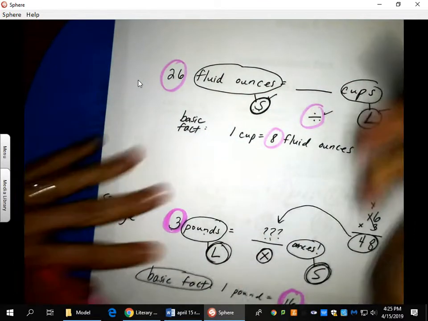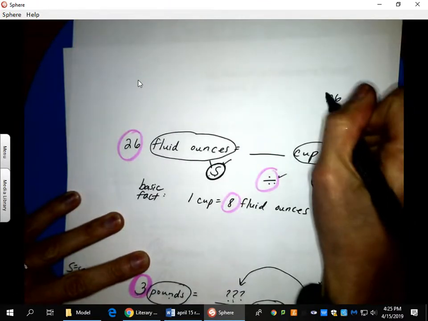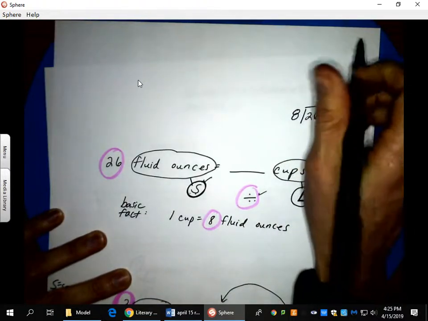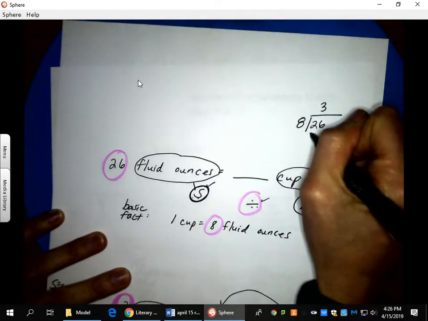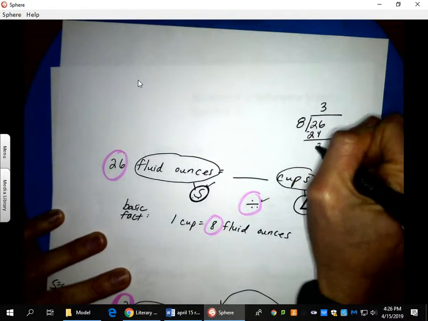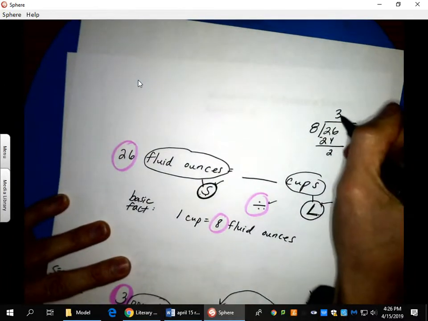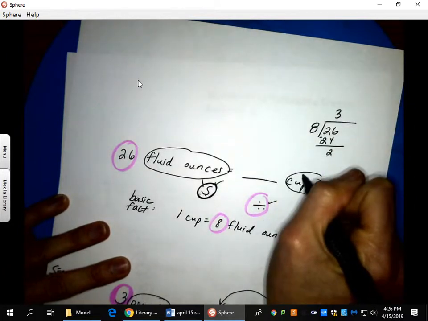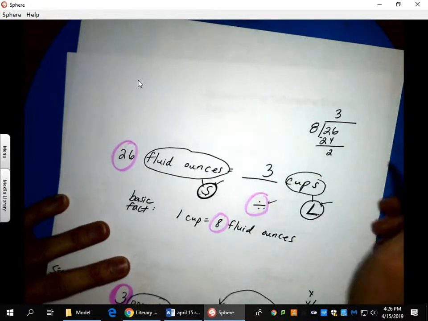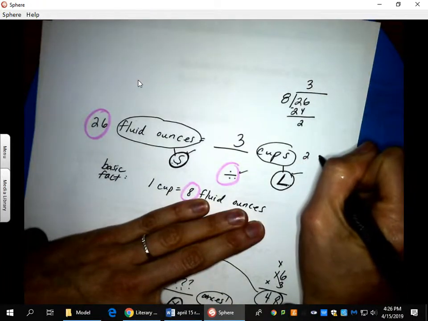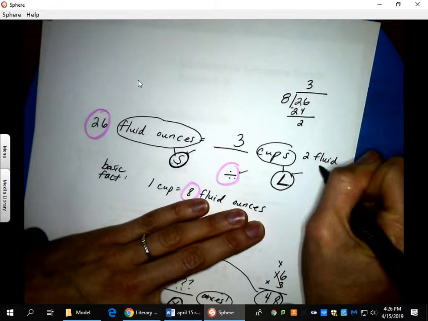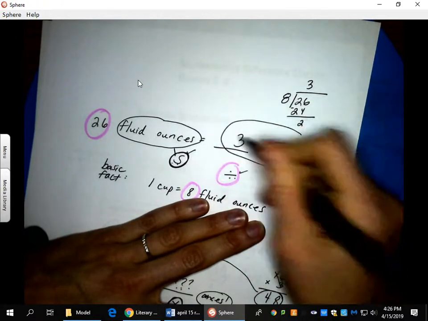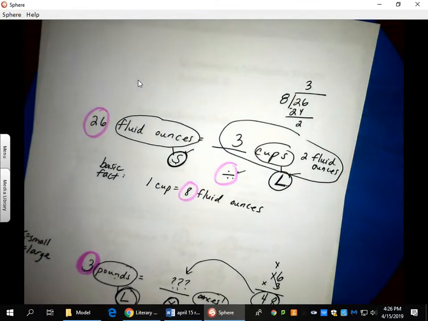Okay, so let me set it up. 26 divided by 8. 8 goes into 26 3 times, that's 24, subtracting it leaves 2. Now this is a little tricky. It's 3 with a remainder of 2. So here's what my answer is. My answer is 3 cups with 2 leftover fluid ounces. And that's my whole answer. 3 cups, 2 fluid ounces.